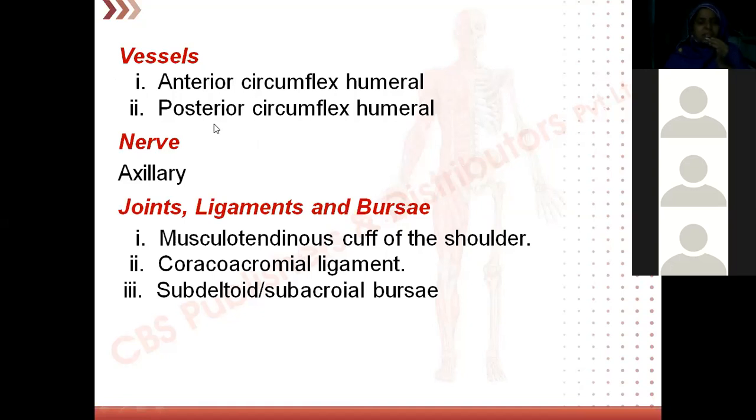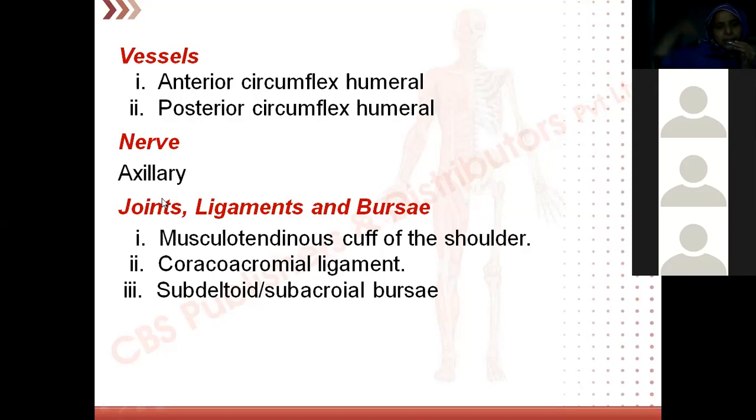We find these vessels under the cover of deltoid: third part of axillary artery. What are the branches we saw? Anterior circumflex humeral, posterior circumflex humeral, and subscapular. But here under the cover of deltoid, we are finding only two vessels, anterior circumflex humeral and posterior circumflex humeral. Okay, nerve. Which nerve are we finding under the cover of deltoid?